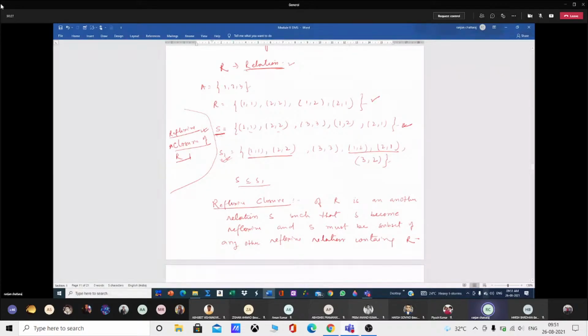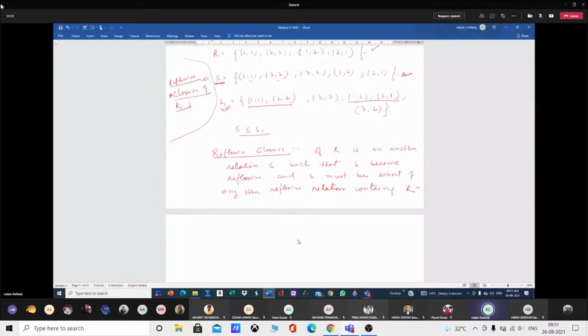This is R, this is your S, this is S1, this is S2, like this. Okay, that means we consider the smallest set among all these S1, S2, because we have 2^(n^2), which is the number of relations on a set A. Now among these, R is any relation, but it is not reflexive.